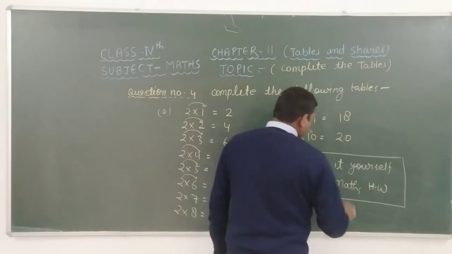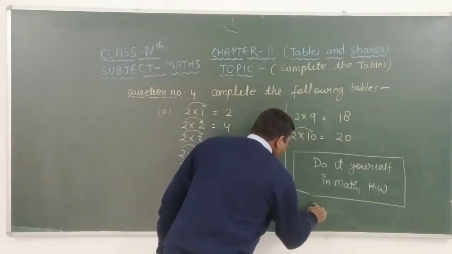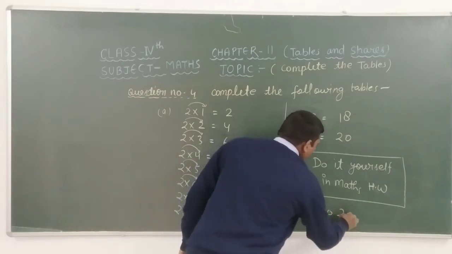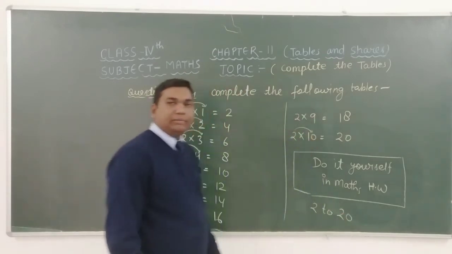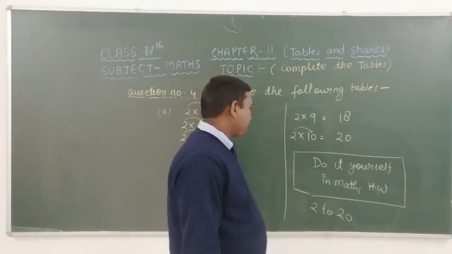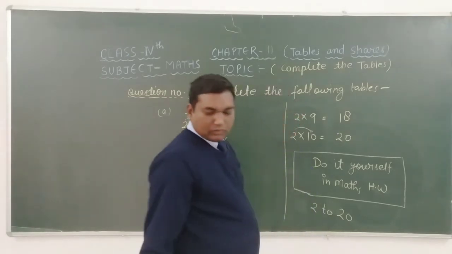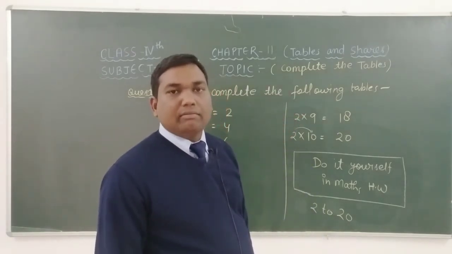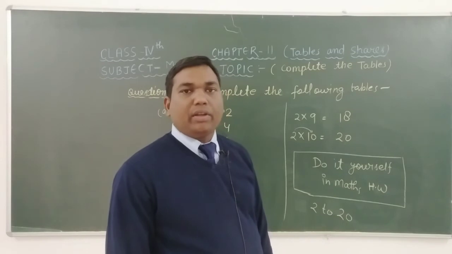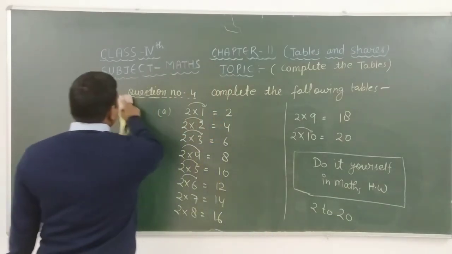Dear students, please keep in mind the tables of 2 to 20. Please write in your maths fair copy and show me on my personal WhatsApp number. Okay students, now read this.